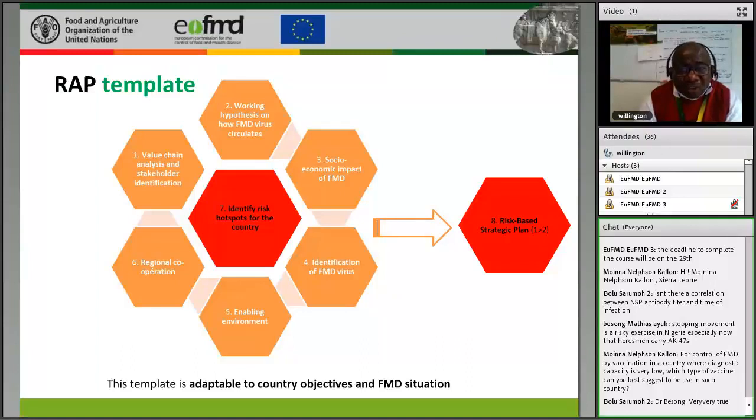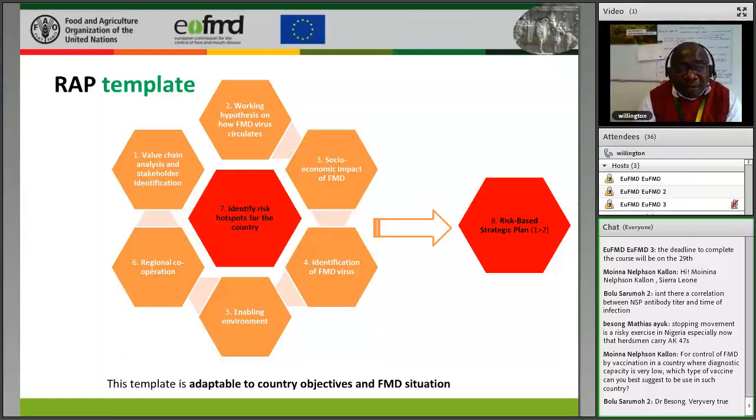For all the susceptible species of livestock and even wildlife that can be infected with the virus, you have to do a value chain analysis and identify all the stakeholders involved, so that you can understand at the different stages where the risk can be involved.